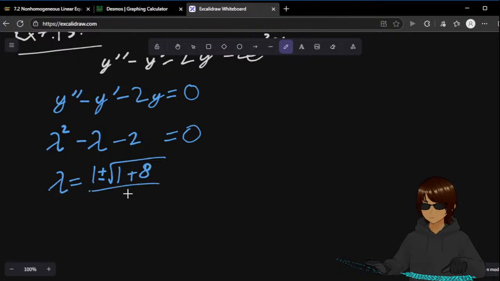So this is 9, the square root becomes 3.